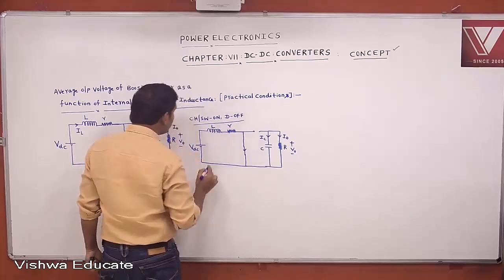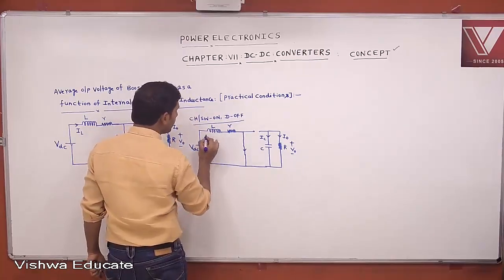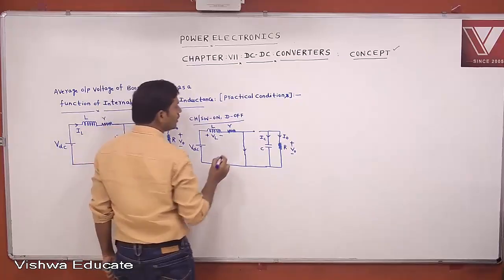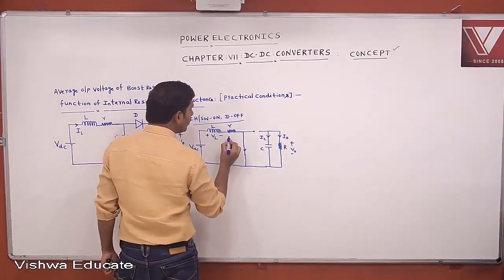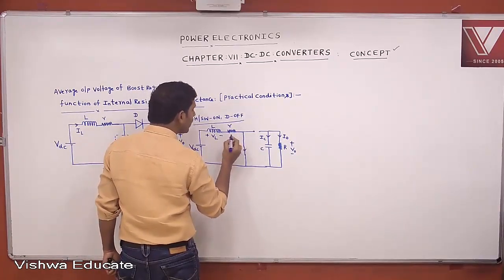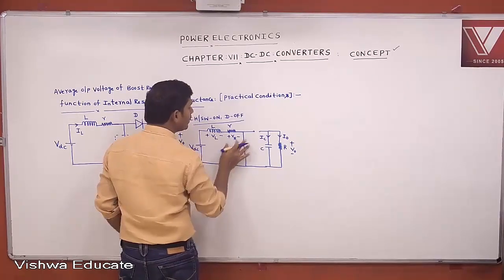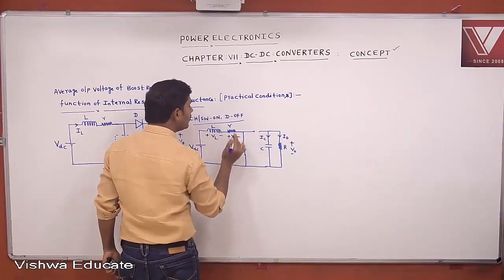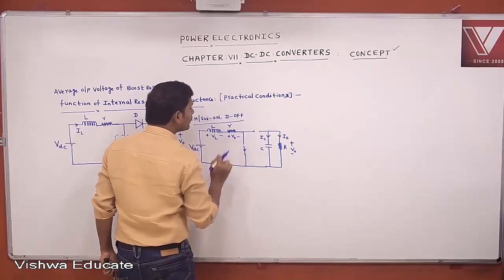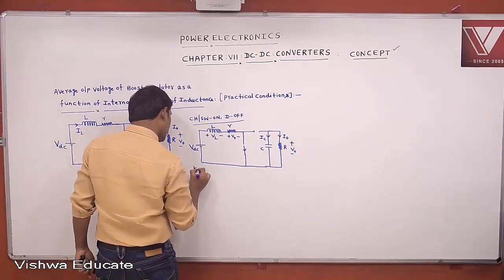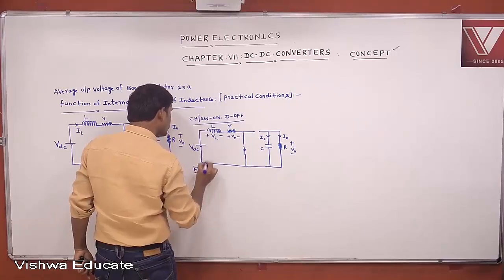Then apply KVL and KCL. The voltage across the inductor is VL. Let the voltage across the resistor be VR. Then according to KVL, what do you write?